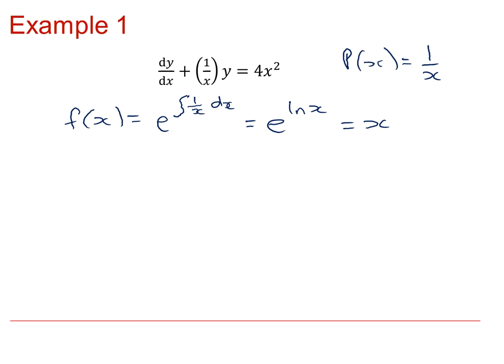Multiplying through by this, we would have x dy by dx plus x over x, which would therefore cancel out, times y, equals 4x cubed.